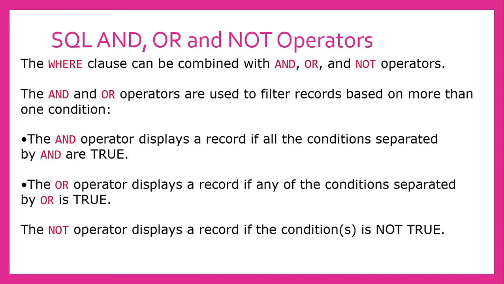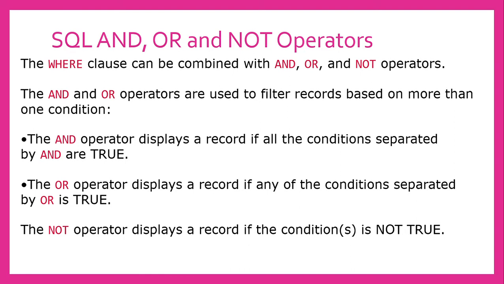And in the OR operator, if we put two conditions, then if any one of the conditions is true, then it will execute. It is not necessary that it will fulfill both the conditions, or all the conditions. If any one is true, then it will execute. And the NOT operator executes when our condition is not fulfilled. It is just the opposite of those two, we can say.